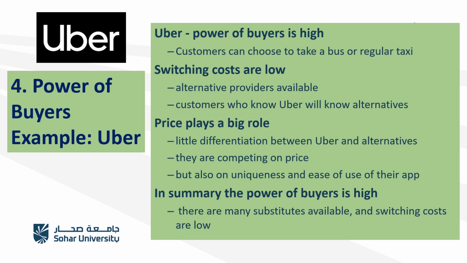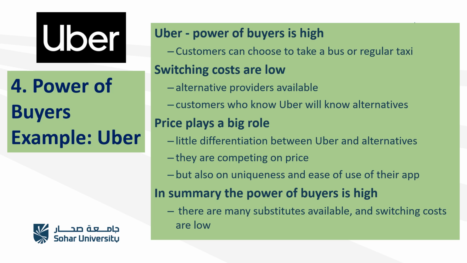And switching costs are low because alternative providers are available. Customers who know Uber will know the alternatives. They not only know about Uber, they may find another company that provides the same services as Uber. So that is why the switching costs are low.